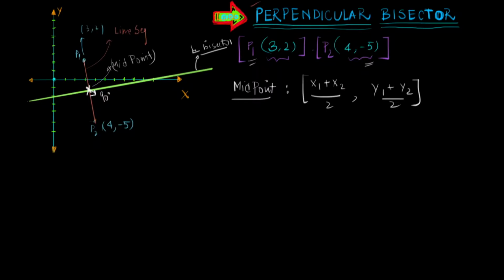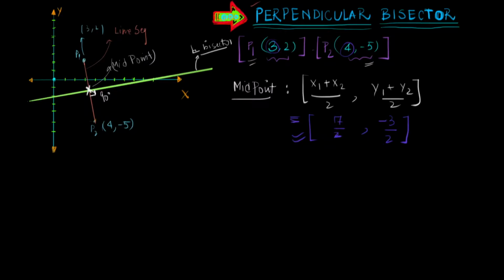Using that, x1 is 3, x2 is 4, so this gives us 7/2. And y1 is 2, y2 is -5. When we add 2 minus 5, that gives us -3, and we must have a 2 in the denominator. So this is the midpoint through which the line passes. That's half of the problem done.